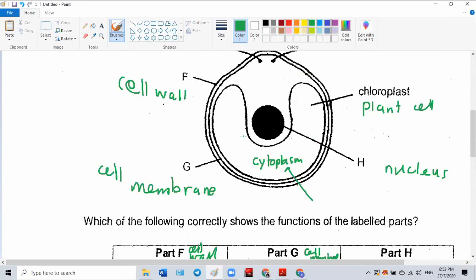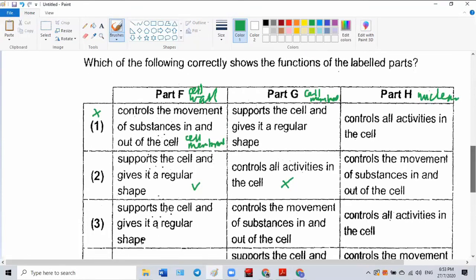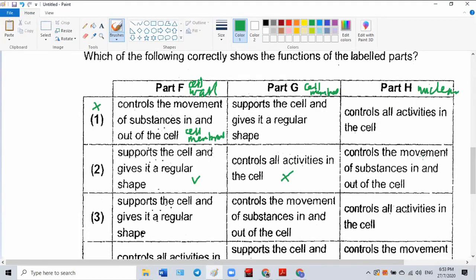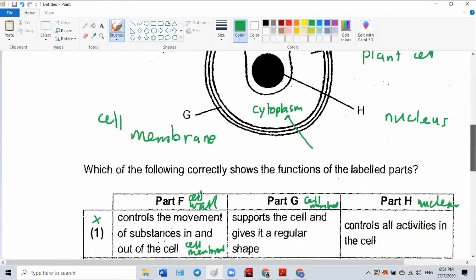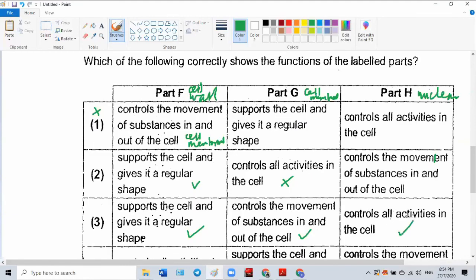Part H is the nucleus, right? Find me the answer. Or 3. Yeah, support the cell, control movement because cell membrane, it's number 3.